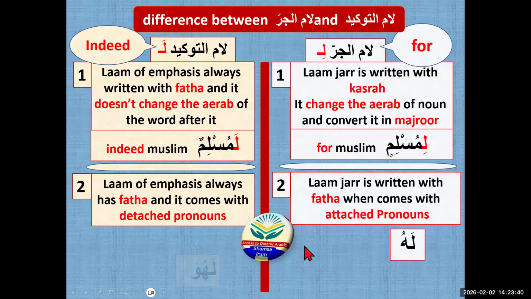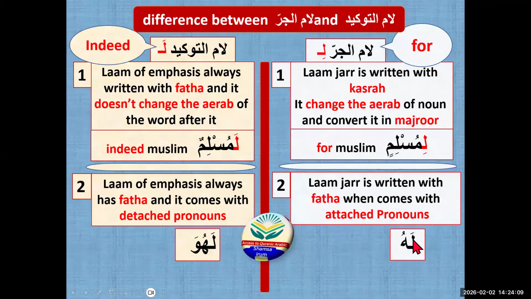On the other hand, lahuwa. Look, this lam also has the fatha, because I already told you lam tauqeed always has fatha on top of it, while lam jar has kasra; the original haraka for the lam jar is kasra. But whenever it connects with the pronouns, it comes with fatha. The difference, whether it is the laam jar or the laam tauqeed, is the type of the pronoun.